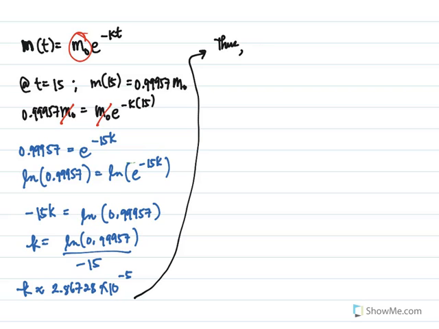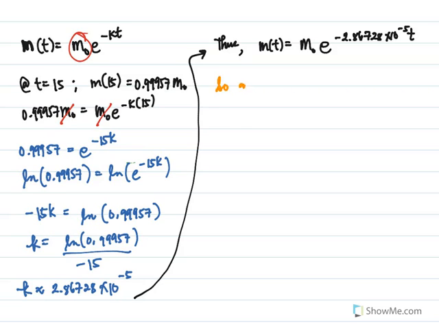Thus, your solution, m of t, becomes m naught, whatever is the initial amount, e raised to negative 2.86728 times 10 to the negative 5 t.